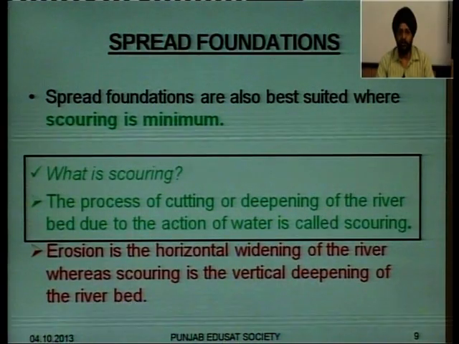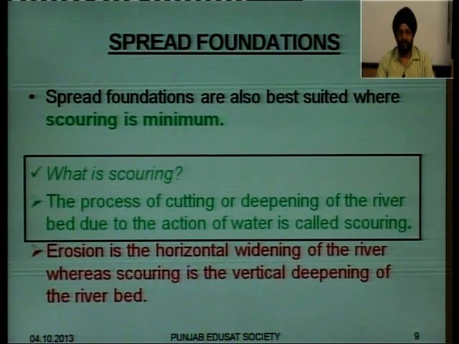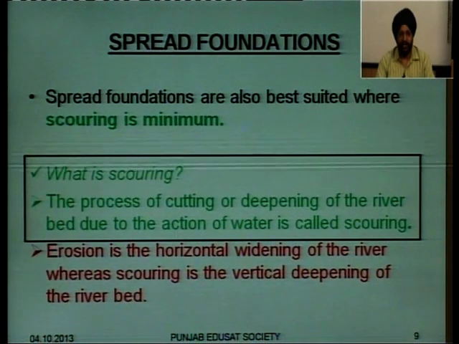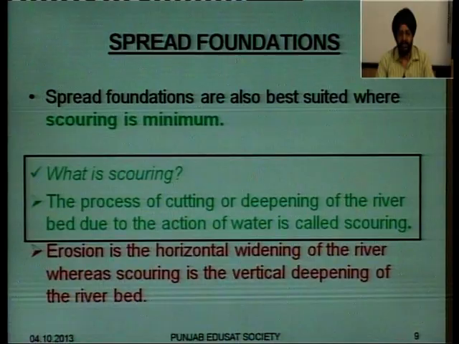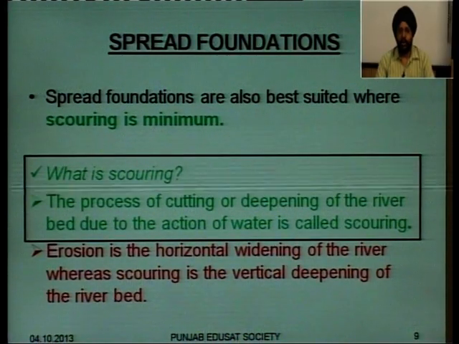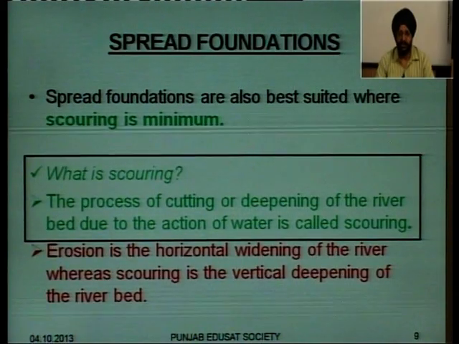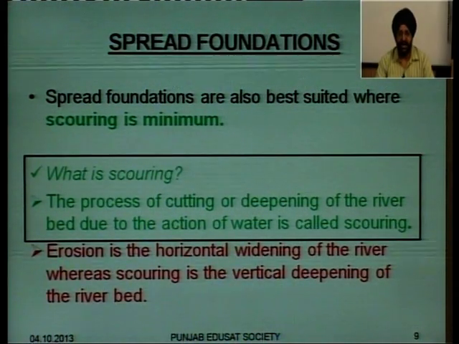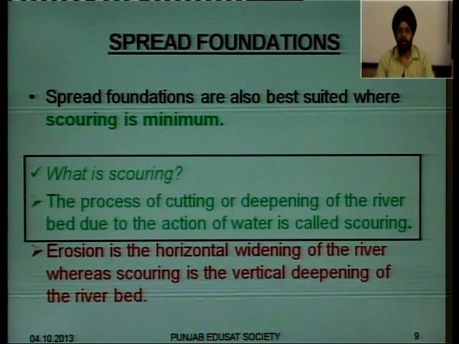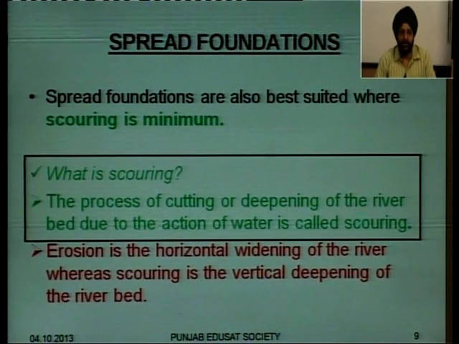With the continuous flow of water, there are two types of erosion, one on the horizontal side, one on the vertical side. So, scouring is towards the vertical plane, the cutting or deepening of the river bed due to the action of water. So, it is called scouring.